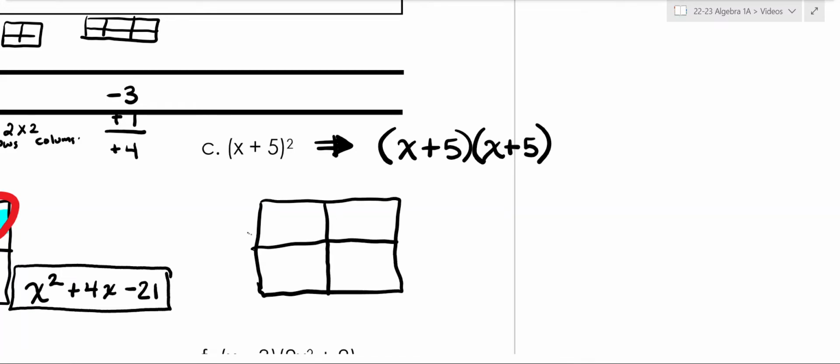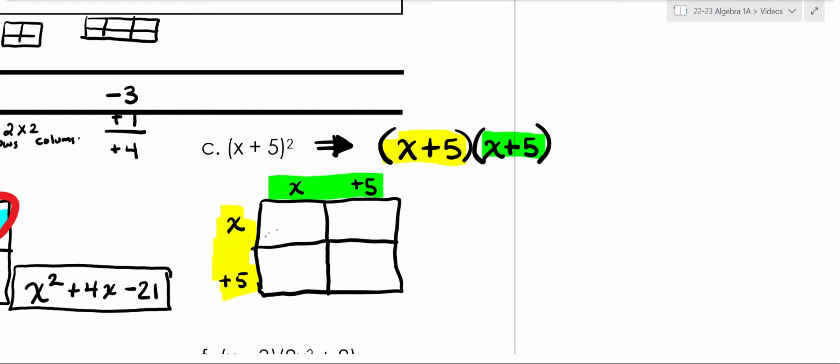And this is going to be hard to tell. What are we doing? X plus 5, x plus 5. And so these come from this one, and these come from that one. Clear? All right, we'll do the best that we can. Here we go.